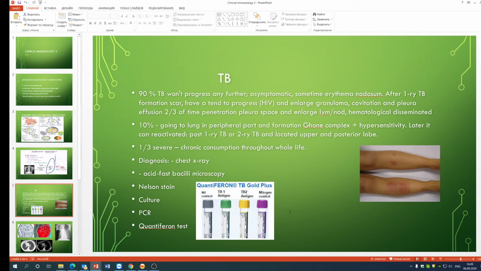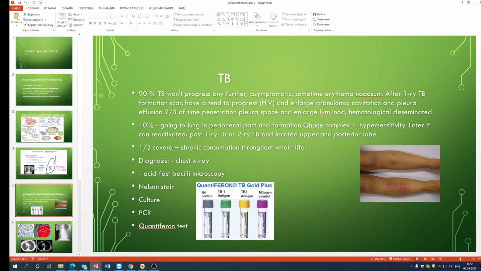This cavity could get infected and go into the pleura, with effusion 2/3 of the time, penetrate the pleural space, enlarge lymph nodes, compress the trachea, cause bronchiectasis, and hematological spread to other organs, and disseminated tuberculosis forms.